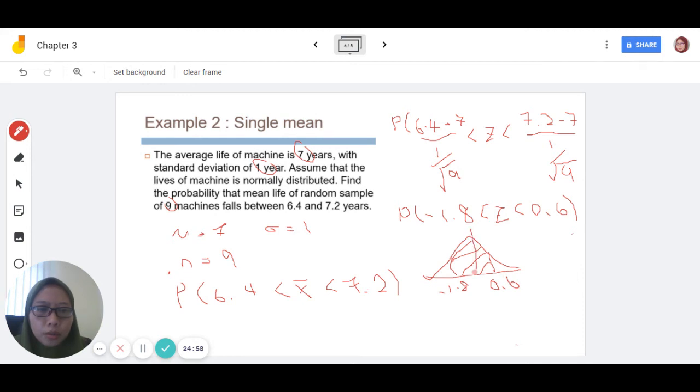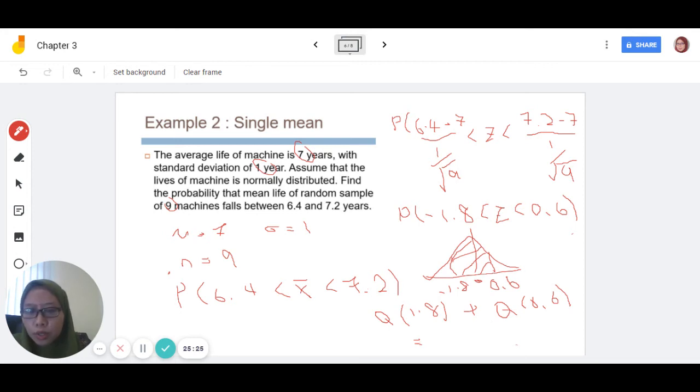Here is the 0. So you can use Q of 1.8 plus Q of 0.6. No need to put the minus sign, we assume this is a mirror, so all are positive.